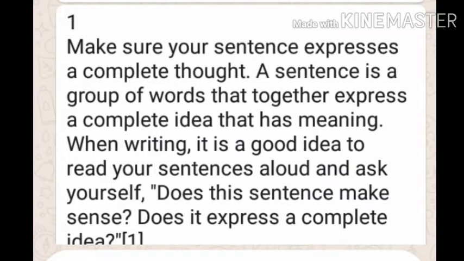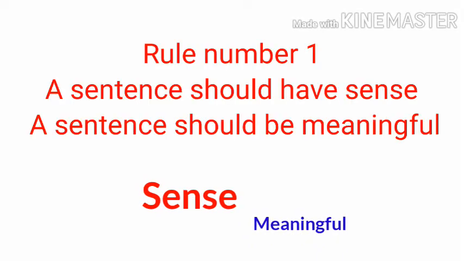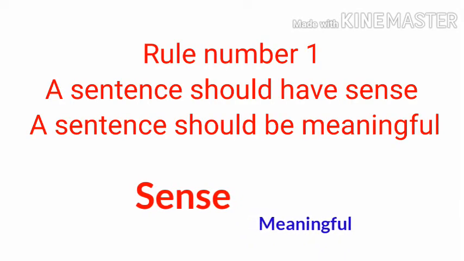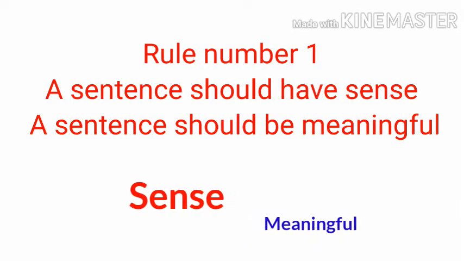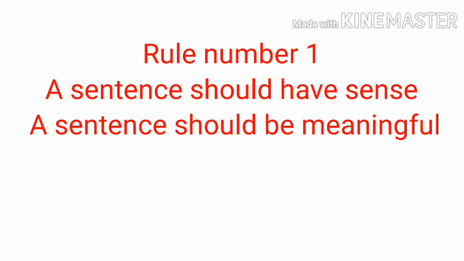So in short, we can say the first rule is that a sentence should have meaning, or it should have sense. So dear students, the first rule to write a correct sentence is that a sentence should have sense and it should be meaningful.